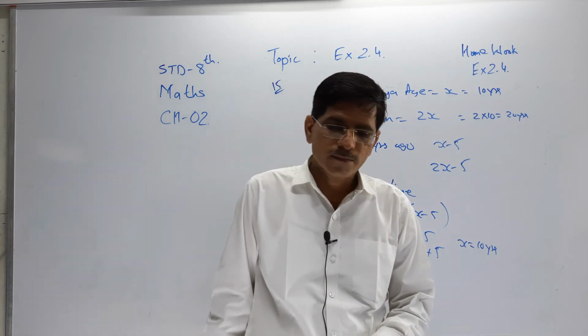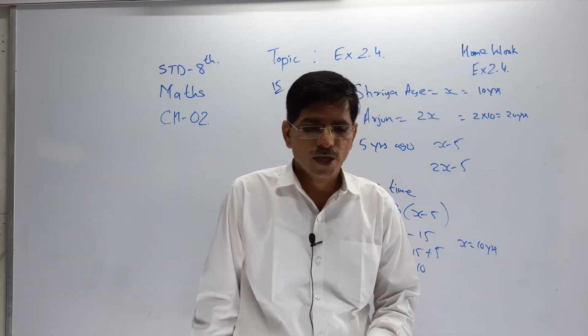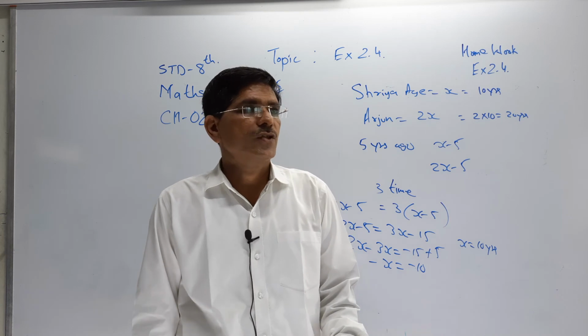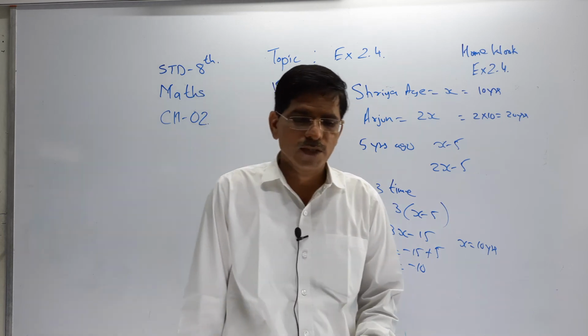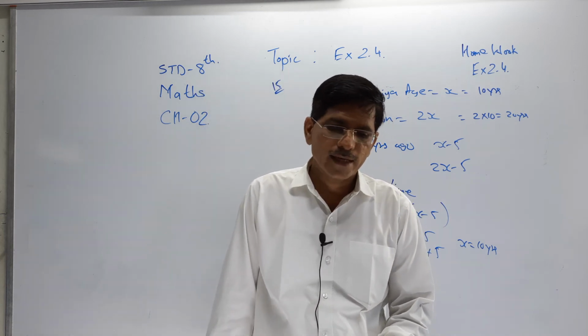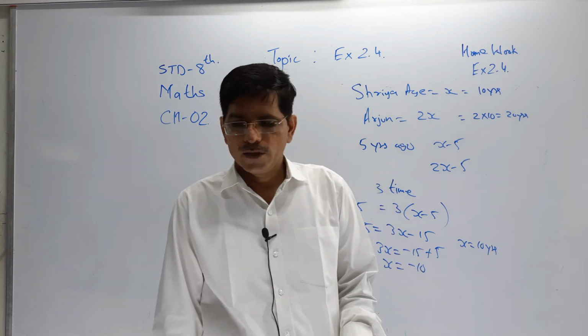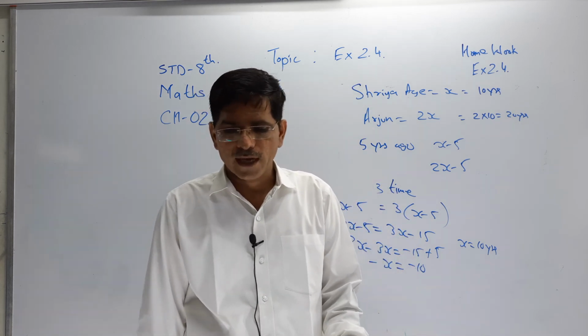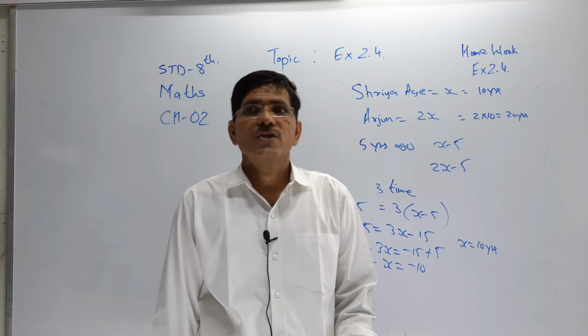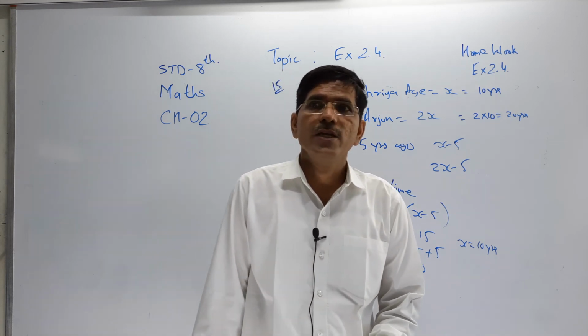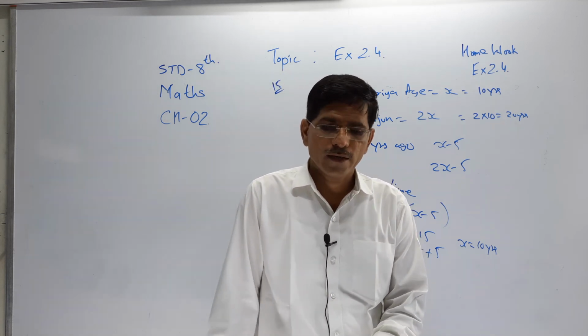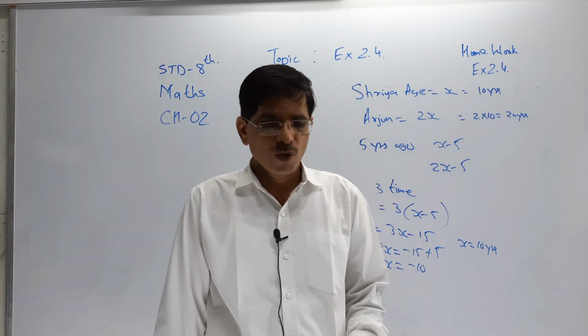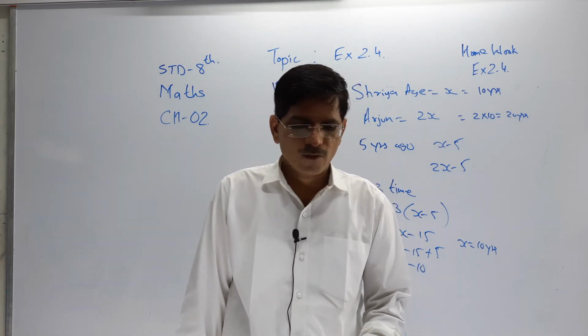And in sum 6, the ratio is given. The question is to find the length and breadth of a rectangle. The ratio of length and breadth is given, that is 11:4. So by using the ratio we have to find x and y.